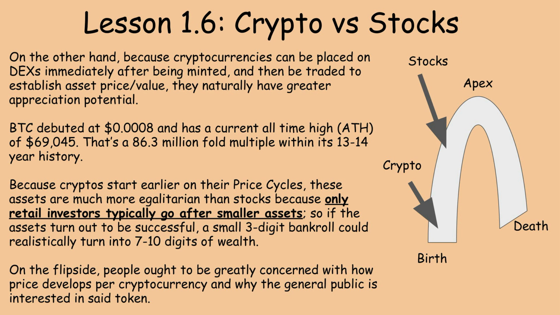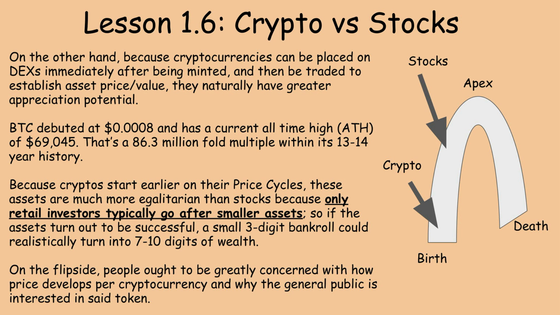Bitcoin debuted at $0.008 and has a current all-time high of $69,045 according to CoinGecko. When you do the math, that's an 86.3 million fold multiple, only done within its 13 or 14 year history. Because cryptos start earlier on their price cycles, these assets are much more egalitarian, in my opinion, than stocks, because only retail investors typically go after smaller assets.